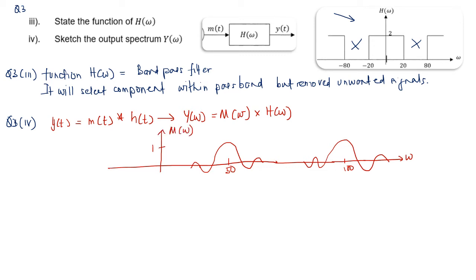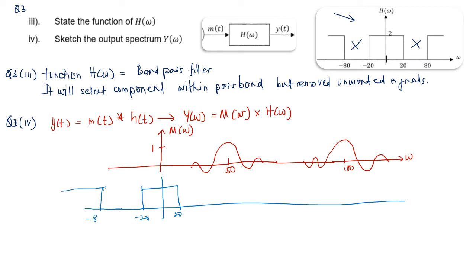Multiply with H(omega), so your H(omega) is the filter. So you have this one, 20 and minus 20 and minus 80, and also you have 80 somewhere here. So this is your H(omega). So what's the output Y(omega)? It is when you multiply M(omega) with H(omega).